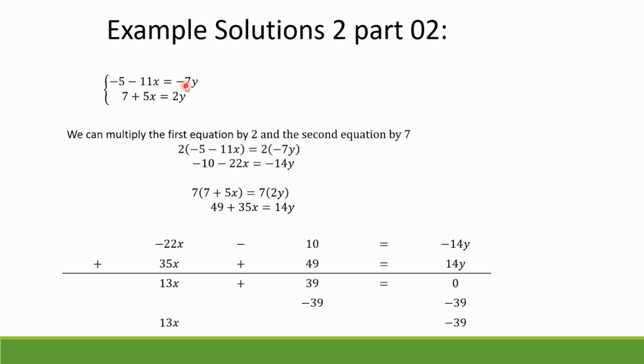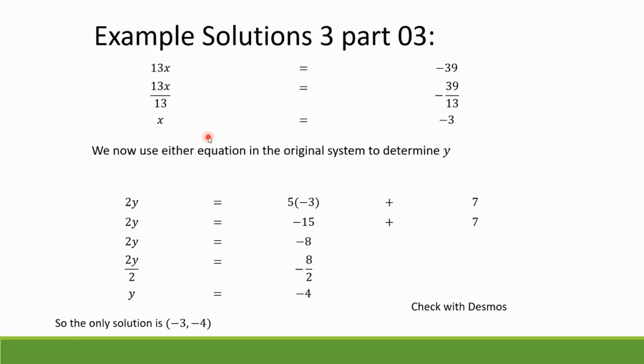But what we can do is multiply the first one by 2, and the second one by 7. Then this becomes negative 14y. This becomes 14y. You add them together, then the y's cancel. And we get one equation in one variable, which was x, and we got x to be negative 3.